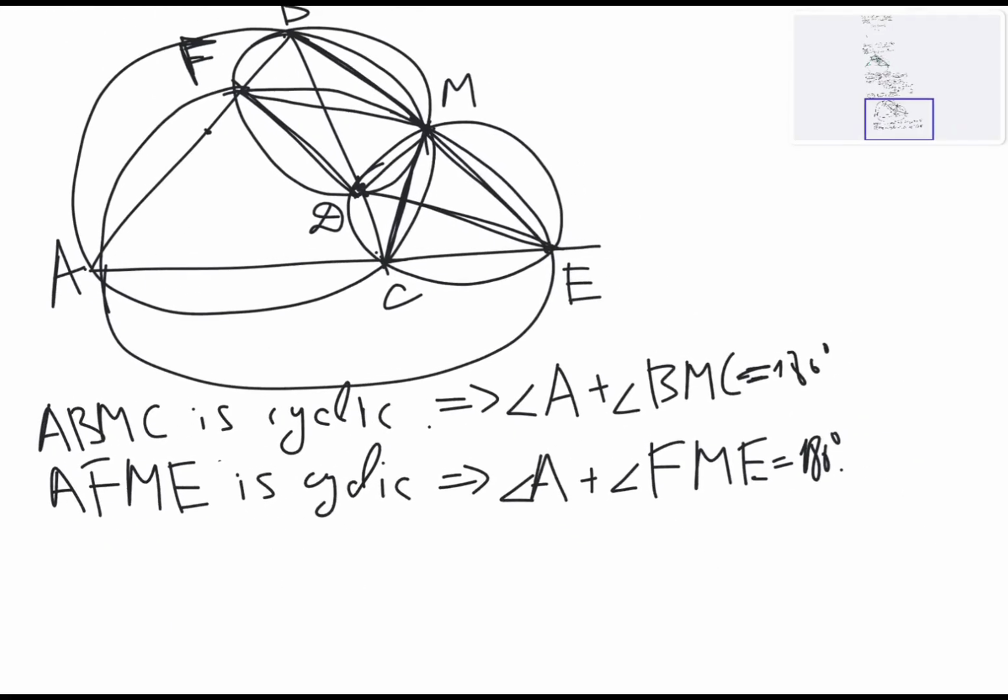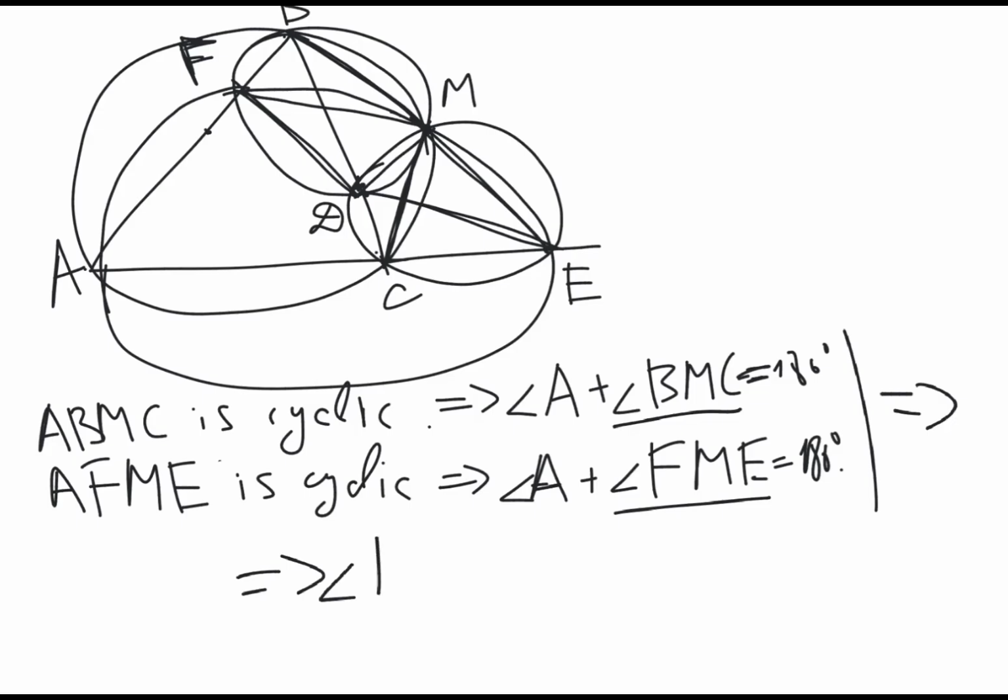So from these two equalities we conclude that BMC is equal to FME, right? Because everything else in the equalities is the same, we can subtract one from the other. So the angle BMC is equal to the angle FME.